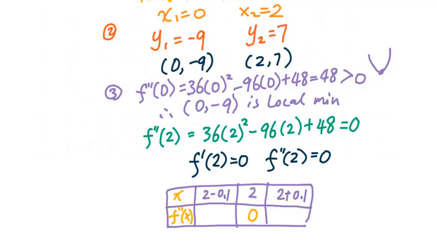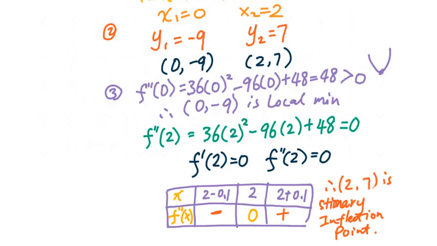Checking the sign by neighbor value test with a graphing calculator, you get a negative on one side and a positive on the other. Since there's a sign change for the second derivative at x equals 2, this point (2, 7) is a stationary inflection point.